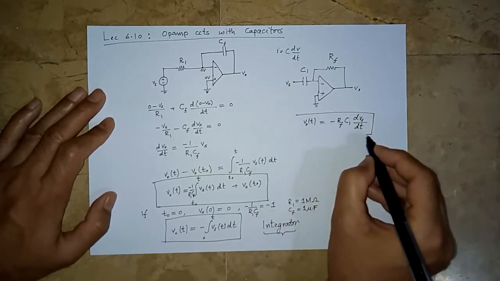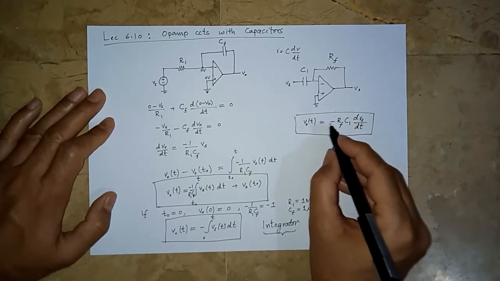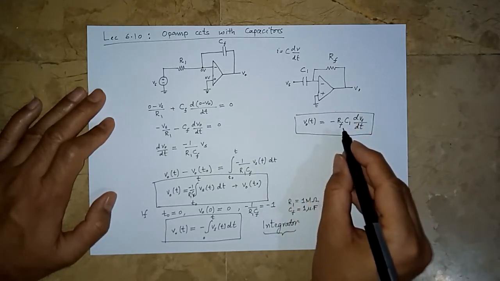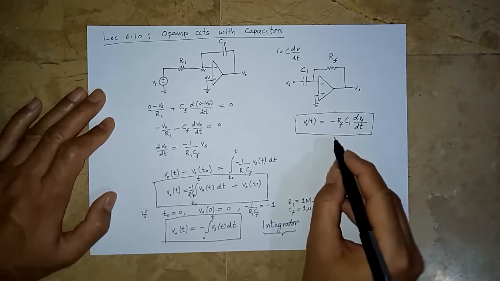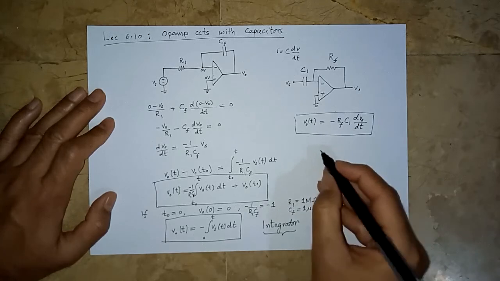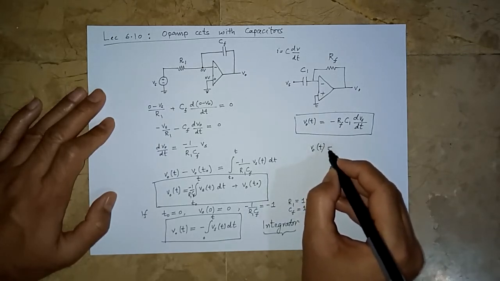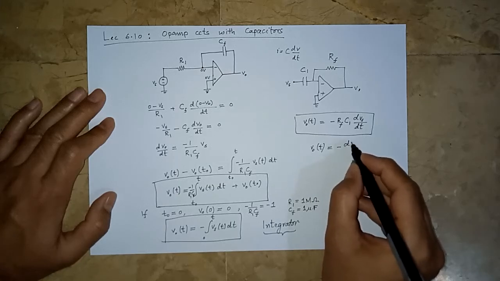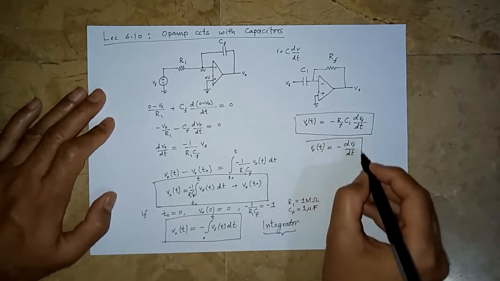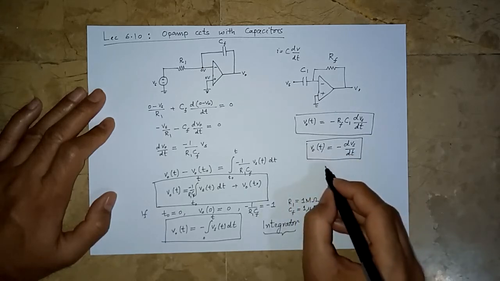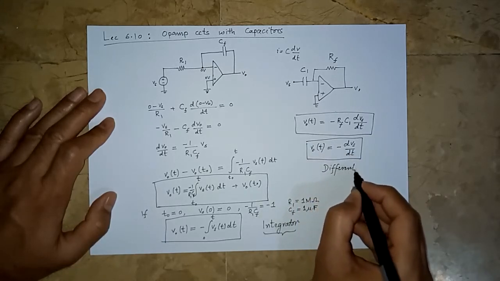So what do we get here? The input is being differentiated and inverted to get the output. Obviously, if Rf times C1 is equal to 1, like for these values, we are going to get a pure differentiator, although with an inverted result. So this is something known as a differentiator.